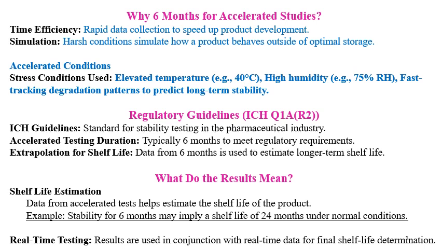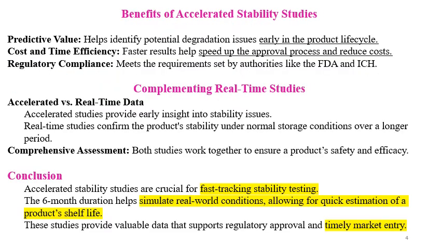Accelerated results are used in conjunction with real-time data for final shelf life determination. So, by having the 6-month accelerated stability condition data, you can predict the 24 months normal or real-time stability data.